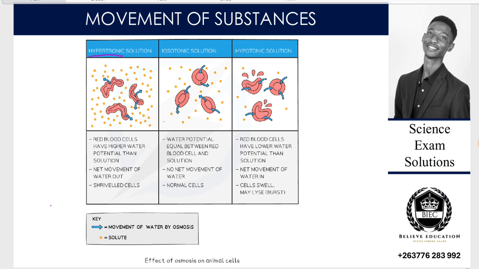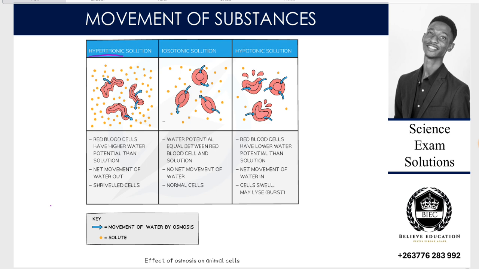A hypertonic solution is where we have a solution with a lower water potential than the cells, than the water inside the cell, in the vacuole or cytoplasm. So the cell has a higher water potential, and water will move out of the cell.